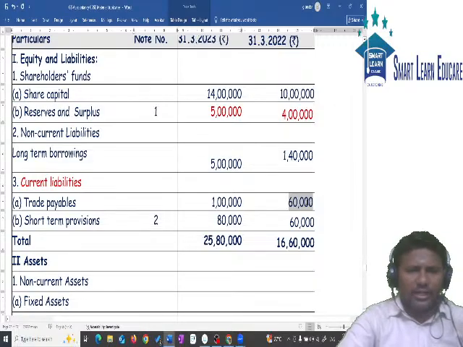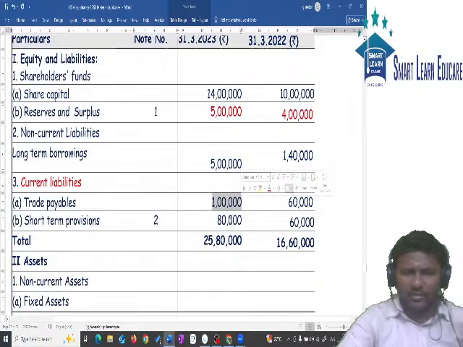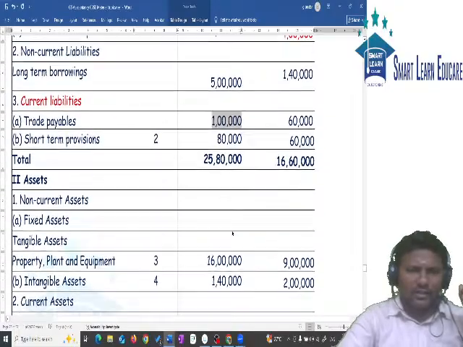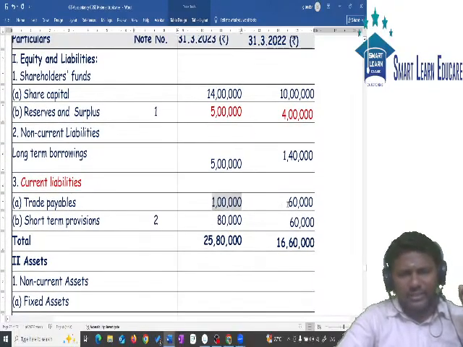60,000 we have. Trade payable: closing trade payable is 1 lakh, meaning an increase in trade payable, an increase in current liability. Tell me, inflow or outflow? Current liability increases. Inflow or outflow? Inflow. Opening balance 60,000, closing balance is 1 lakh.